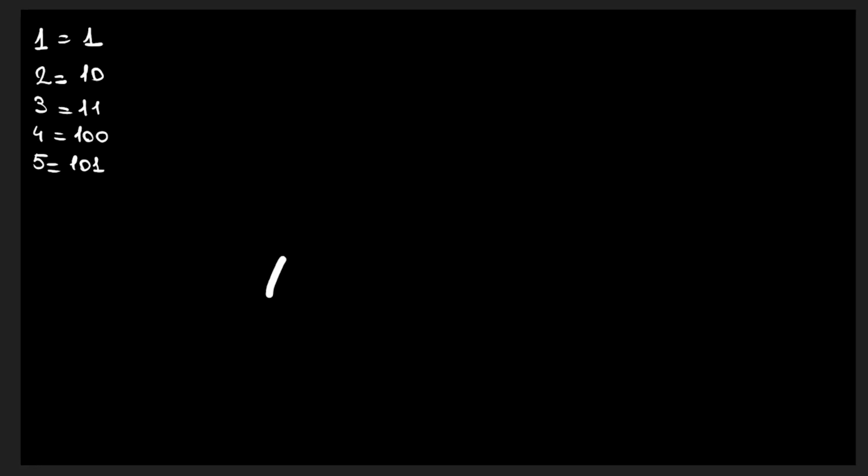So after that, the problem says that we need to sort them by the number of 1s in the binary representation. We can see that 3 has 2 ones in the binary representation, 2 has 1 one, 4 has 1, and 5 has 2 because it has 2 ones in the binary representation.